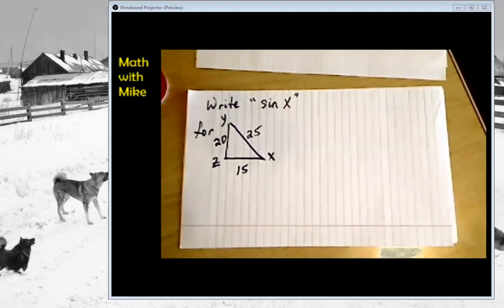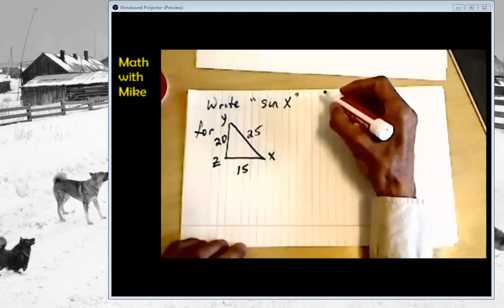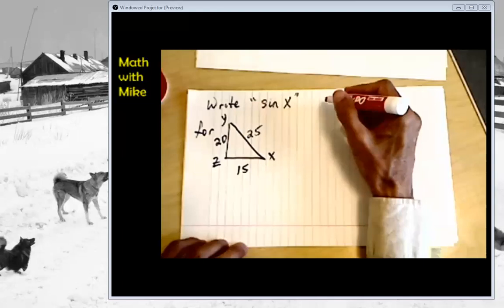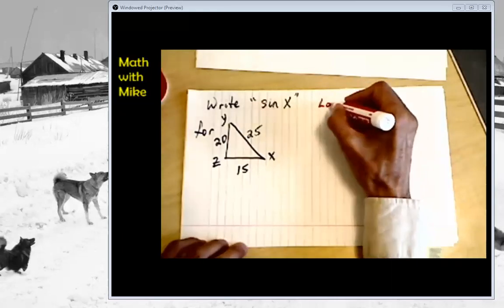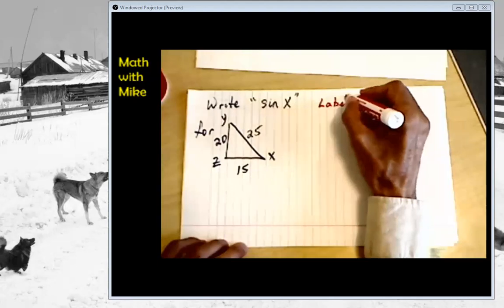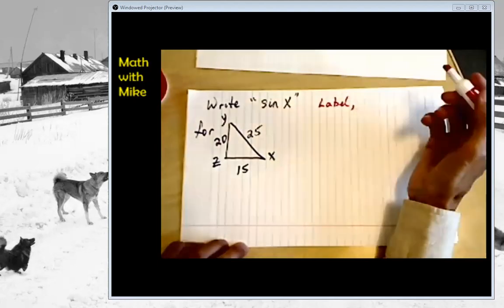So what are some steps to figure this out? We did it yesterday to get that part of the brain going again. First part is to label the sides like we just did earlier.